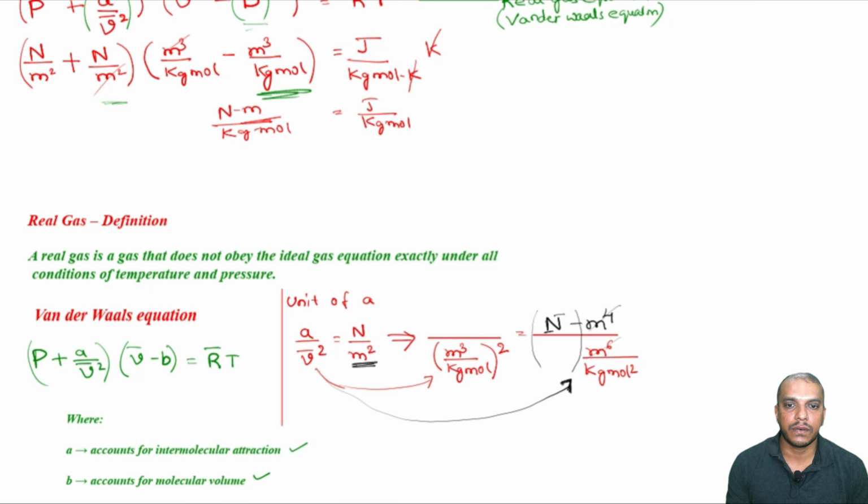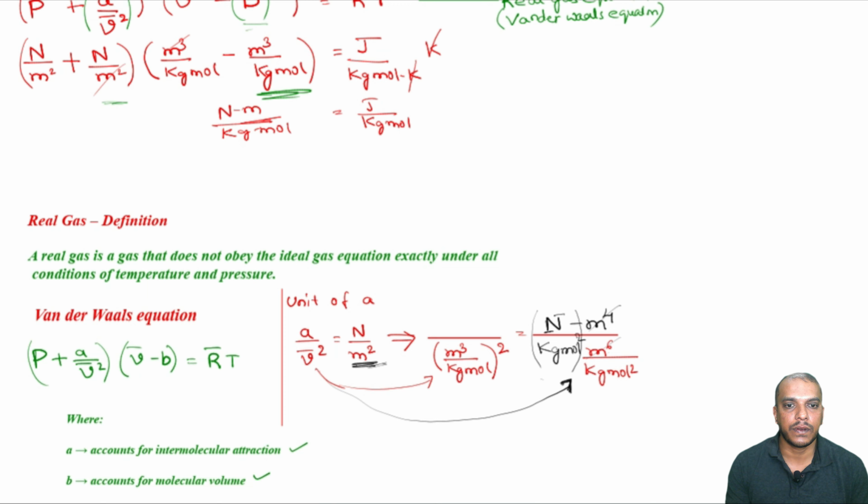And we must have the kg mole term cancelled out, because in the final unit we do not have kg moles. So all we have to end up with is Newton per meter square. So this has to be kg mole square.